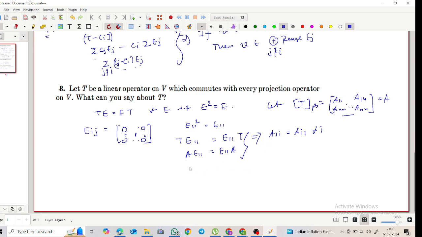The same thing, and if you do E22A, this will imply A2i is Ai2 for all i, okay? Or maybe I should write it like, forget it, let's write it. Write A first, A11 up to Ann.